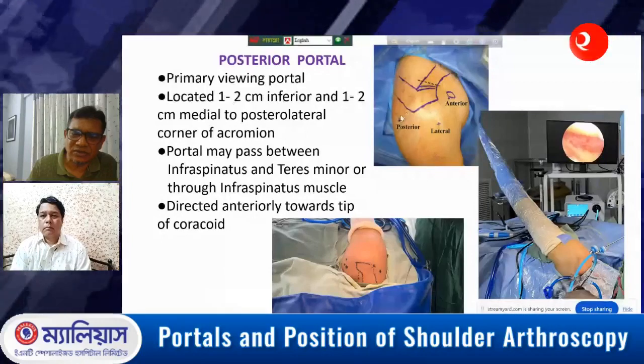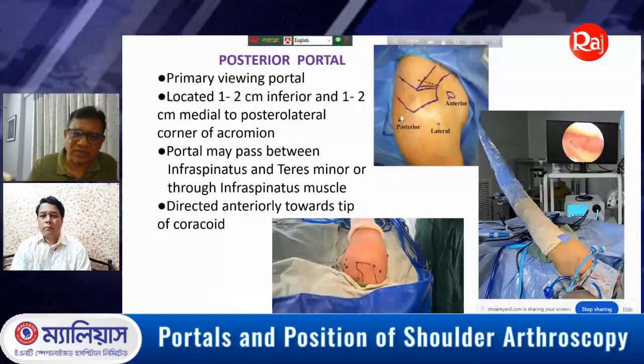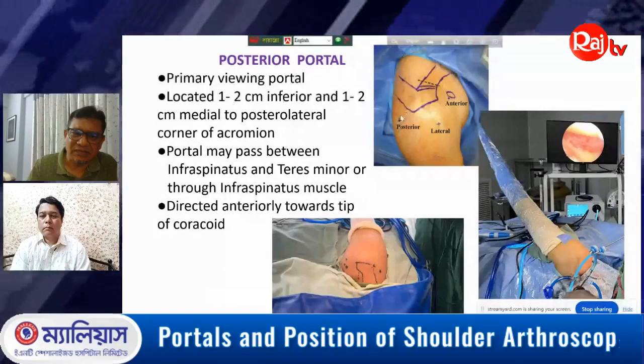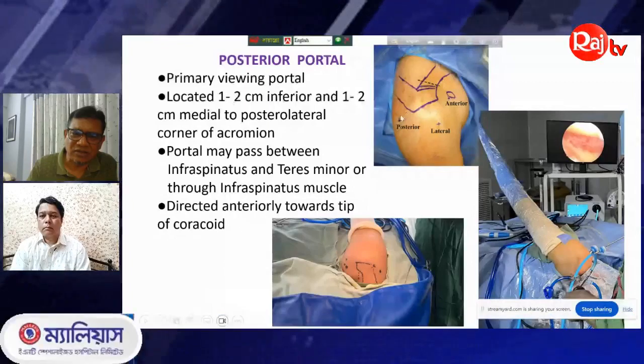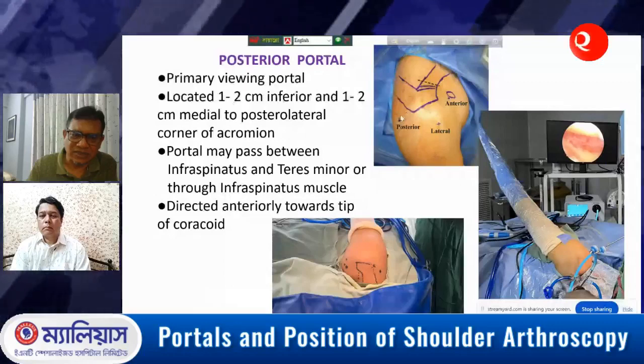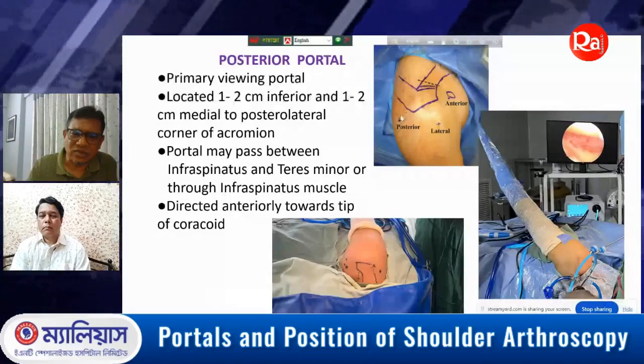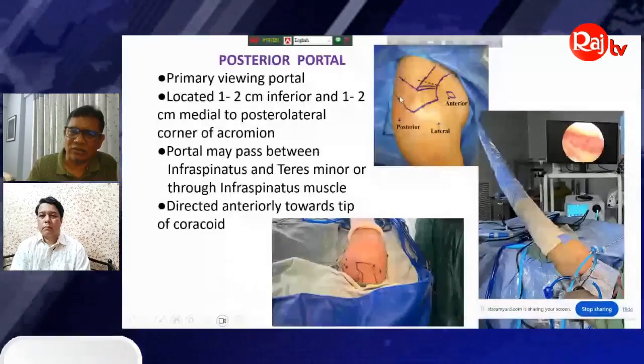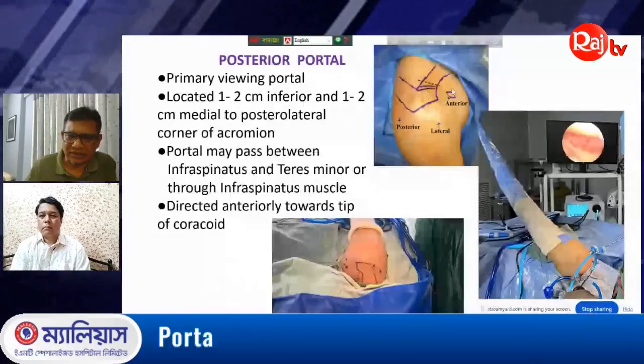This portal may pass between the infraspinatus and teres minor or through the infraspinatus muscle substance, and it is directed towards the tip of the coracoid.